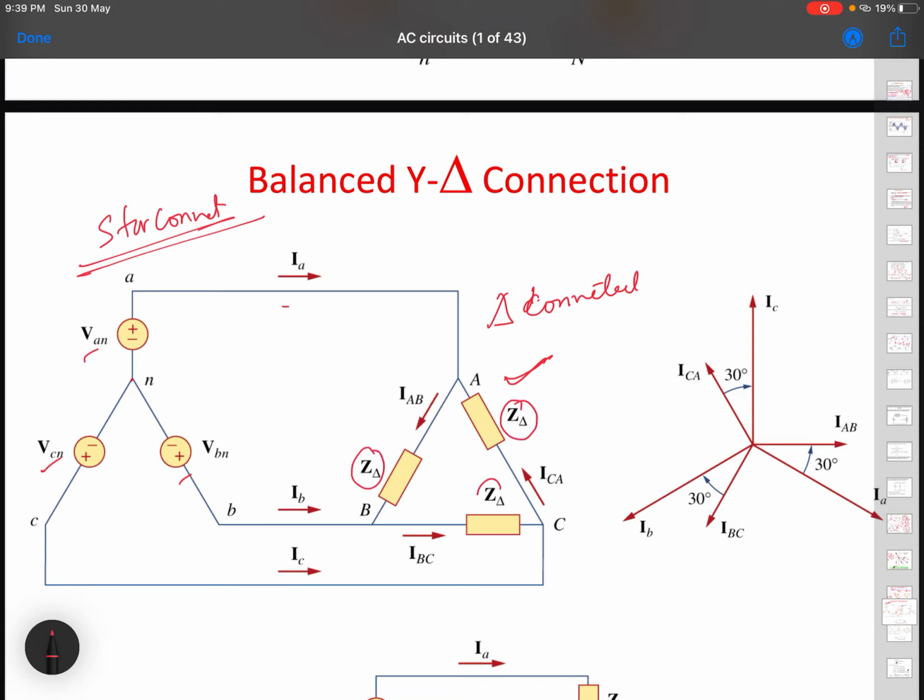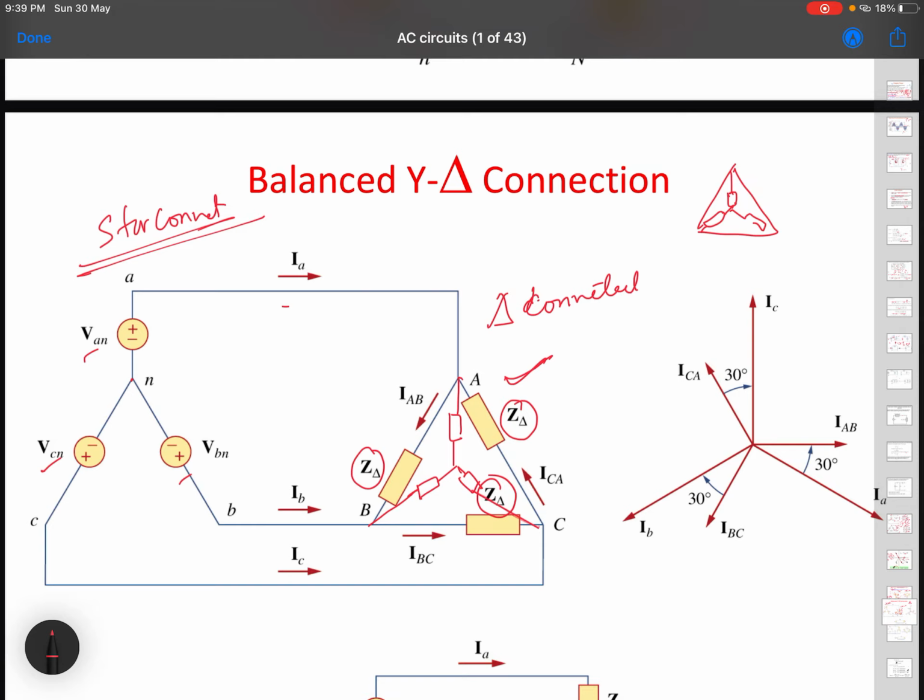Now if I want to make an equivalent connection, if you remember your previous lecture, the delta connection can be made into an equivalent star connection. If this is balanced, my star is also balanced.